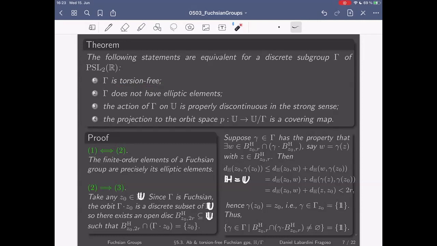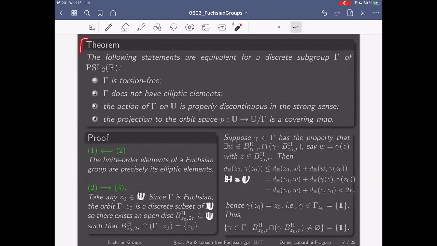An element gamma is torsion-free if there does not exist some n such that the nth power of gamma is the identity. The powers of this element are all different. And the group is called torsion-free if it doesn't contain any torsion elements.